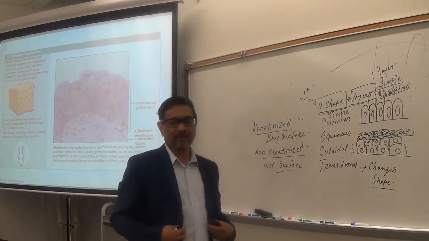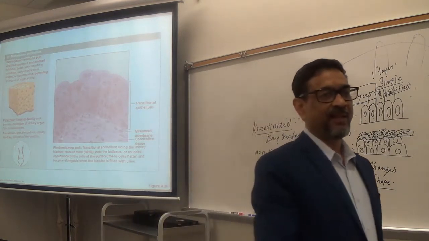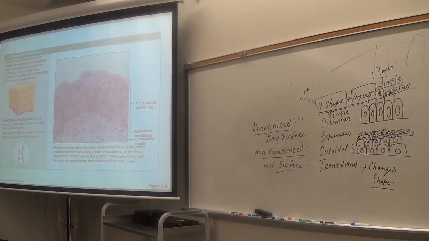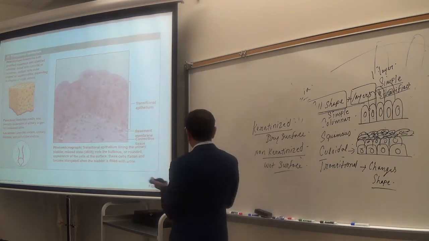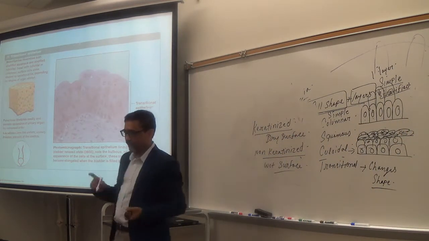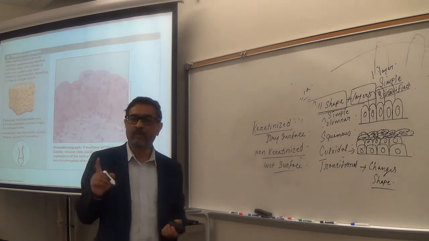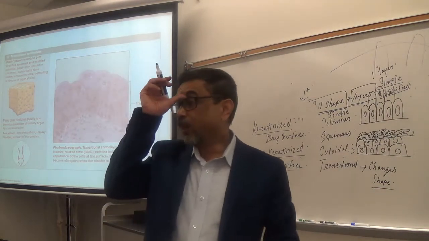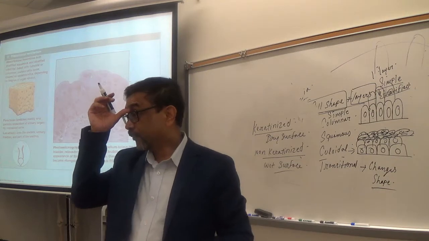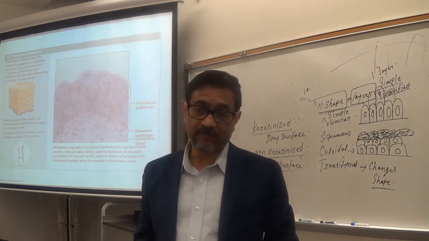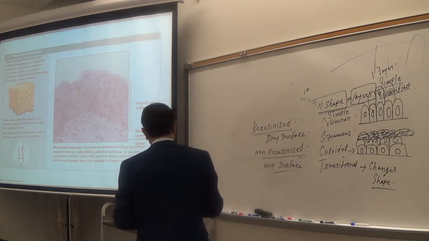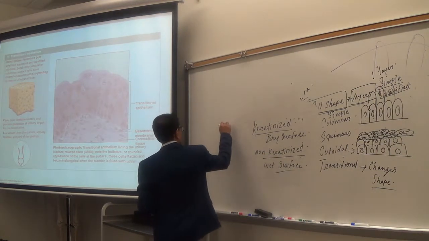Transitional epithelium. The cells change their shape. Where you will find transitional? Urinary bladder. Write it down. Urinary bladder, ureter, and part of urethra. So basically urinary tract.